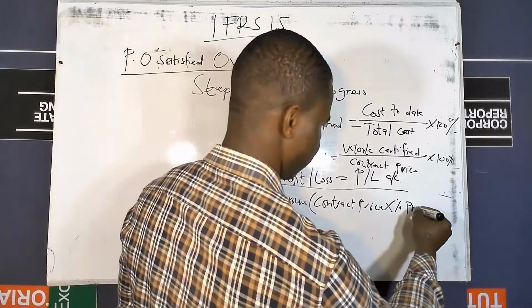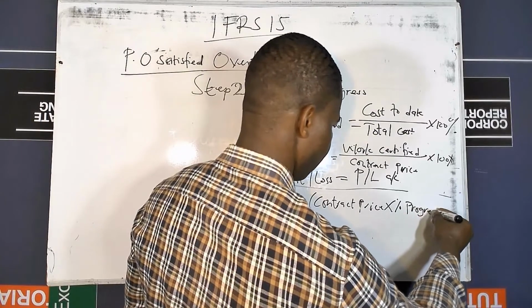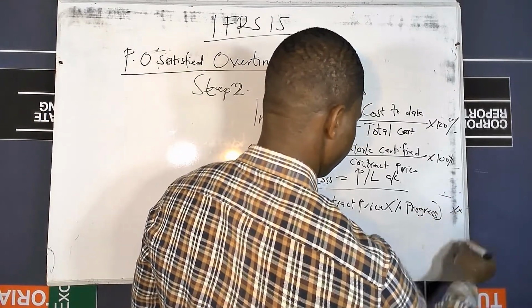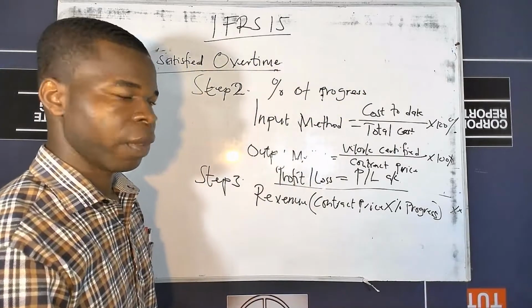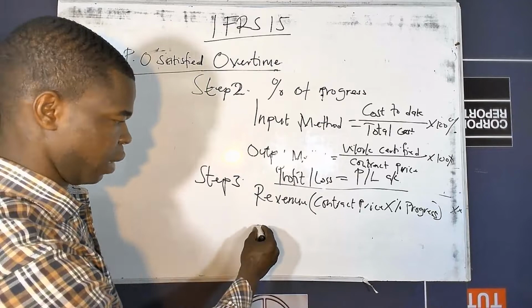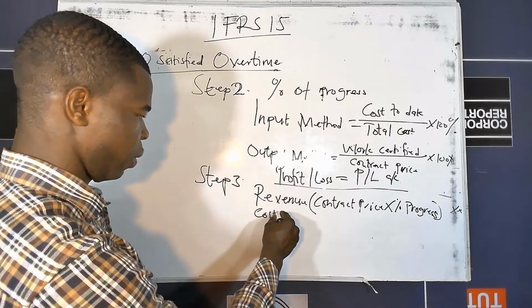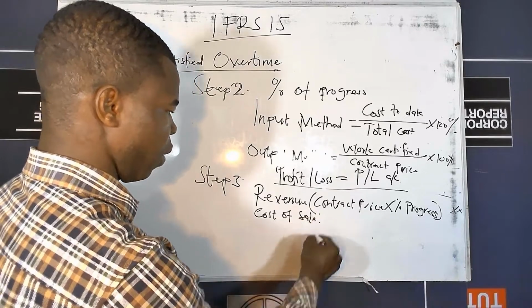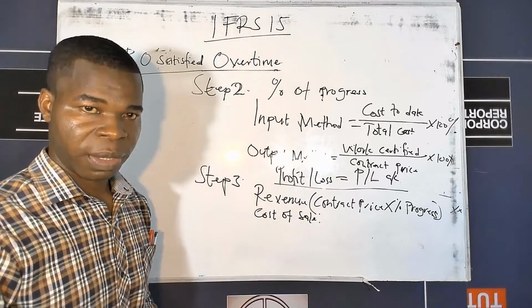So that is percentage of progress. This gives you your revenue. And then you have to determine your cost of sale. Now, your cost of sale comprises 2 things.